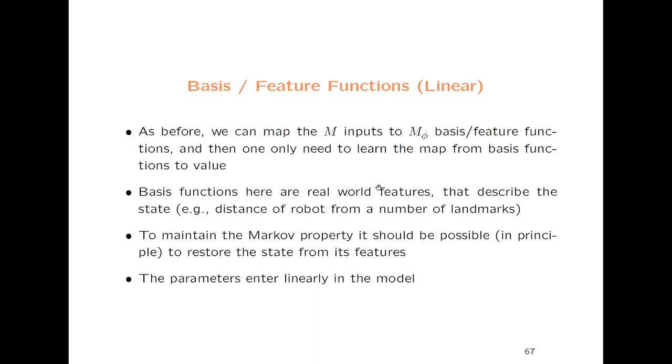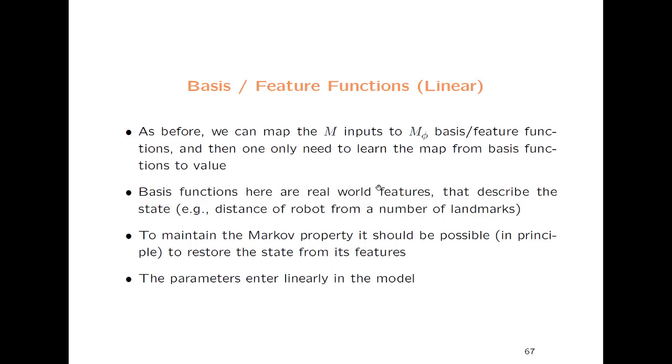And to maintain the Markov property, it should in principle be possible to restore the state from the feature. And so if the number of features is not large enough, you might not really be able to determine the state, and that's another big issue in reinforcement learning. If the states are partially observable, but we will not cover it in this lecture.